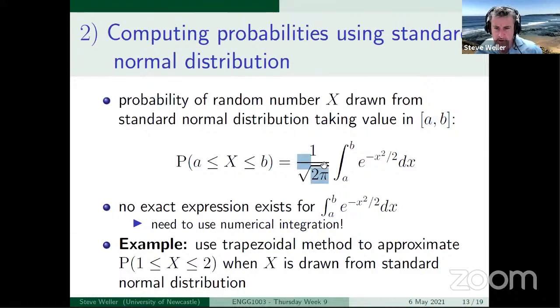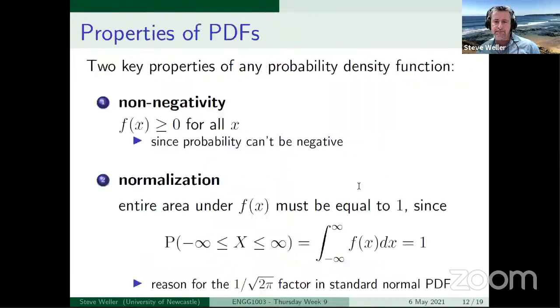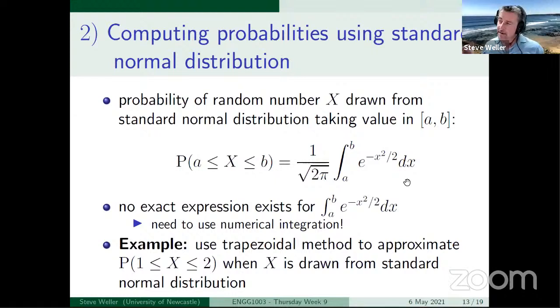It's got the normalizing factor of 1 on square root of 2 pi out the front, and then inside the integral, it's e to the minus x squared on 2. There's our equation of the standard normal PDF on page 10. So we know the probability of a random number being drawn from this distribution. How Python actually does it is not relevant to this course, but it will generate random numbers according to this distribution if we call the NumPy library normal.